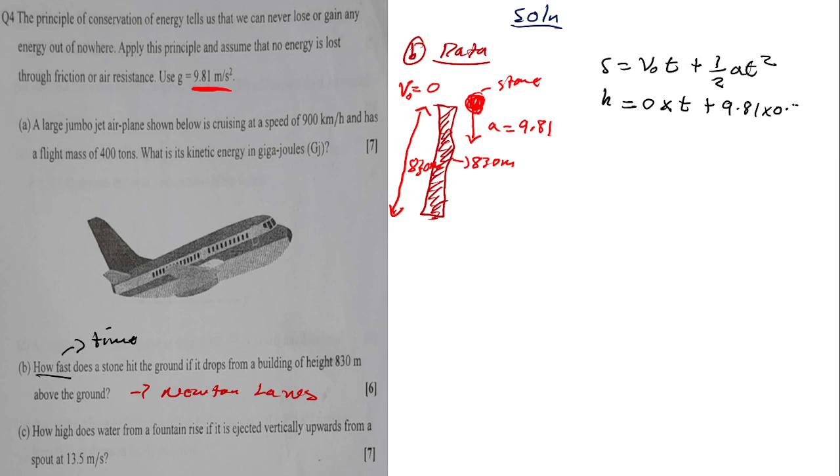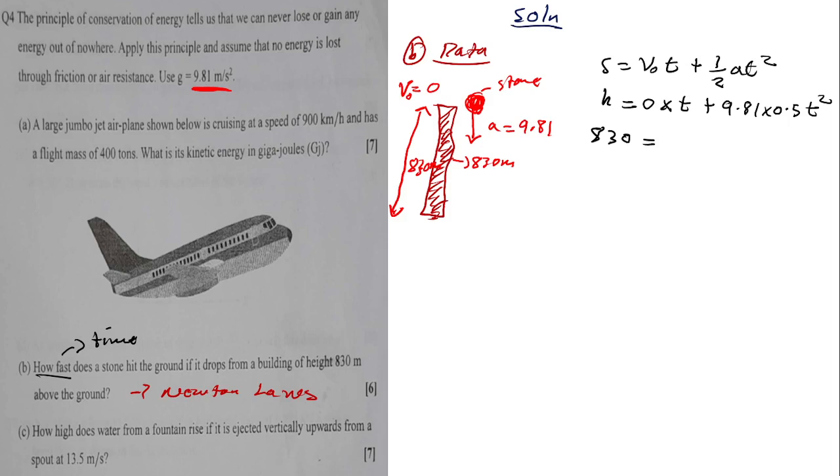So from that information, I can simply replace h with 830 meters, and this will be equal to 0 times t, it's simply 0, and then 9.81 times 0.5, which is going to give you 4.905 t squared.